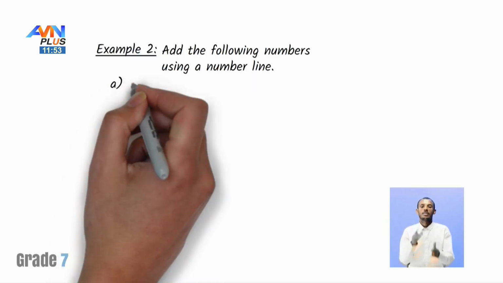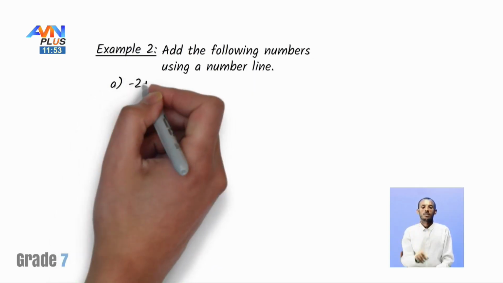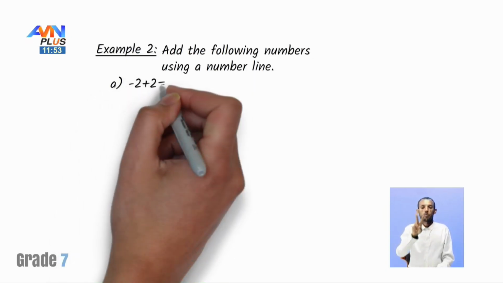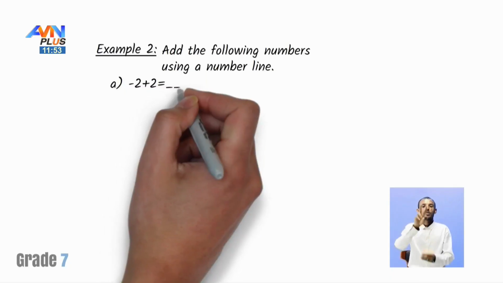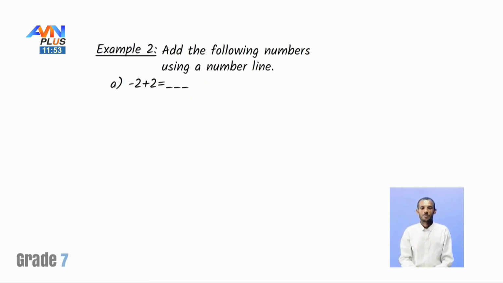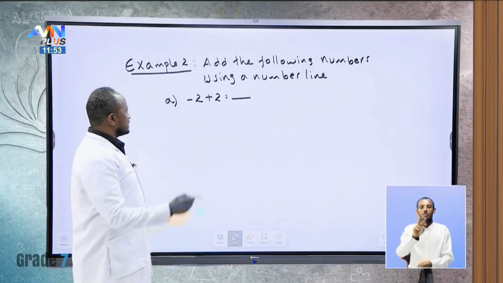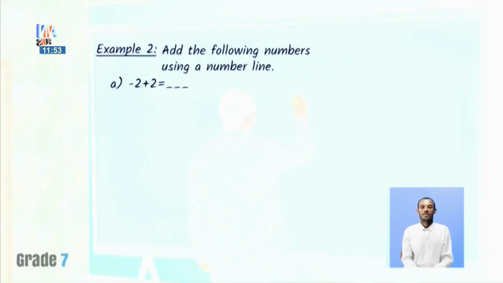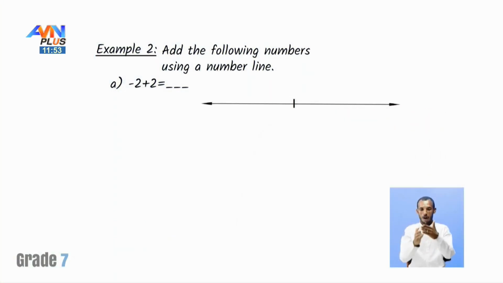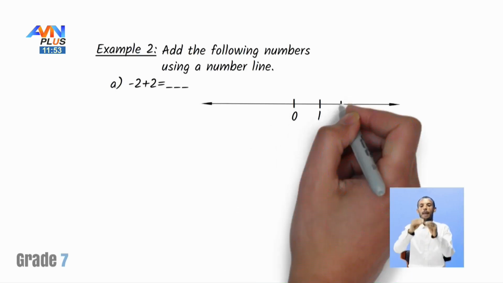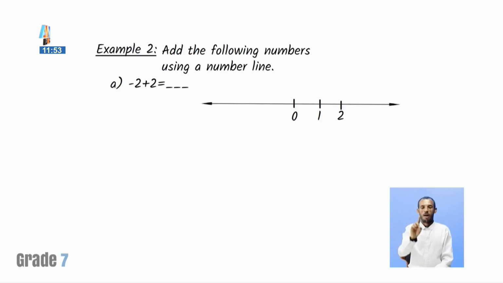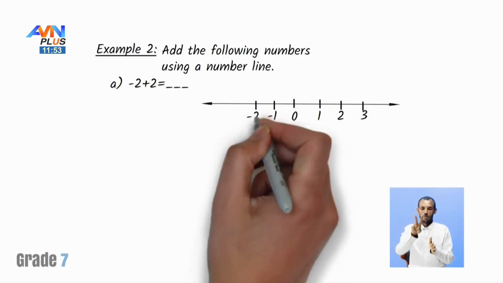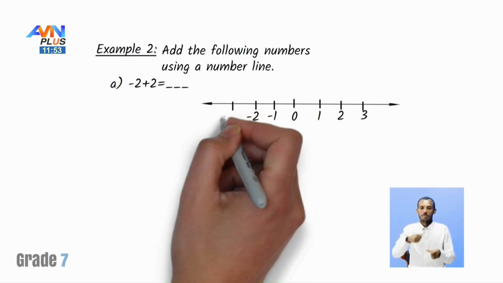The first question, -2 plus 2. What will be the sum of these two? Let's see this question together. Let's draw a number line. And let's put the numbers 0, 1, 2, 3, and so on. To the left, -1, -2, -3, and so on.